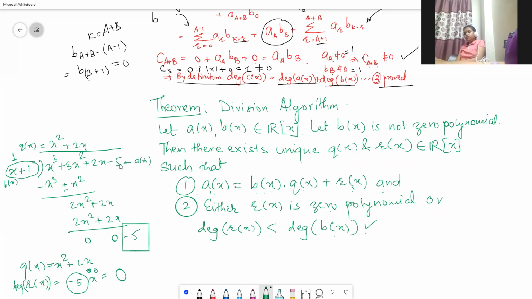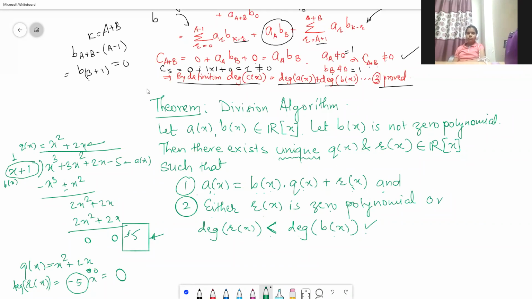If it was 0 here, then R of x is a 0 polynomial. It is either a 0 polynomial or the degree is less, a strict inequality. Also there is importance to this word, unique. You will have a unique polynomial as a quotient polynomial, and you will have a unique polynomial as a remainder polynomial.